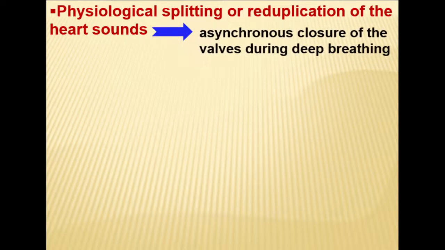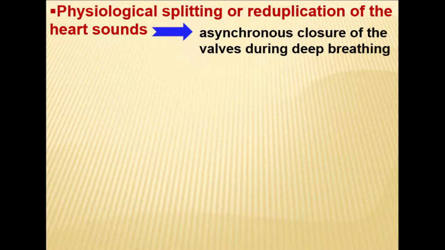Physiological processes appear due to asynchronous closure of the valves, mainly the semilunar valves, during deep breathing. Normally, we will not ask the patient to breathe deeply when we auscultate the heart. We give the opposite direction, stop breathing, to separate lung and heart sounds.